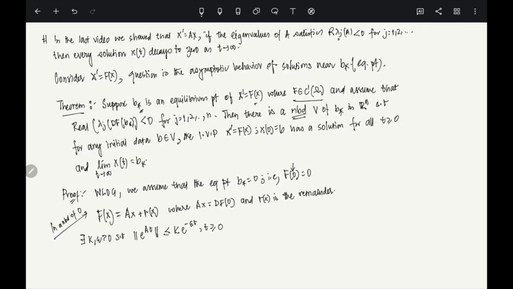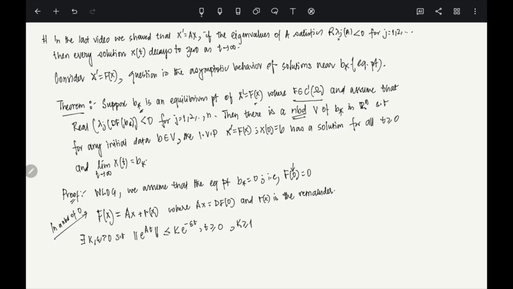We used this fact while talking about the asymptotic behavior of the solutions, if you remember. Of course, k has to be greater than or equal to 1, by definition, because at 0 it is 1. That's just given.